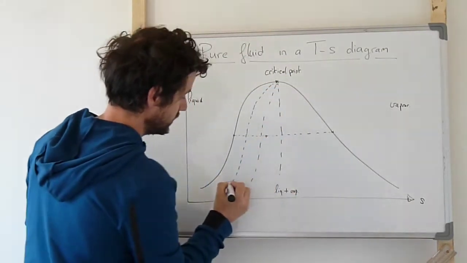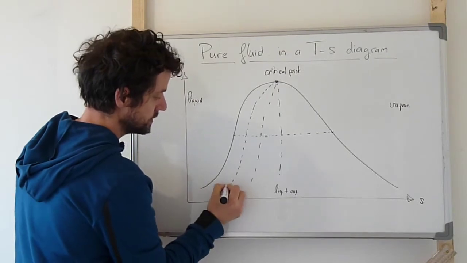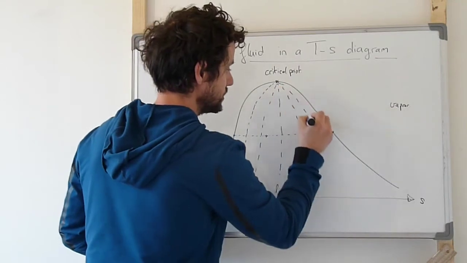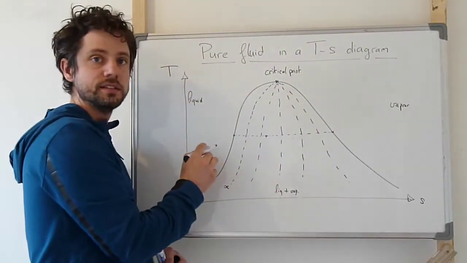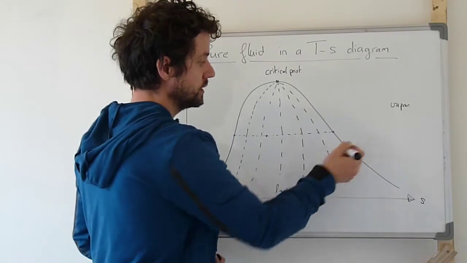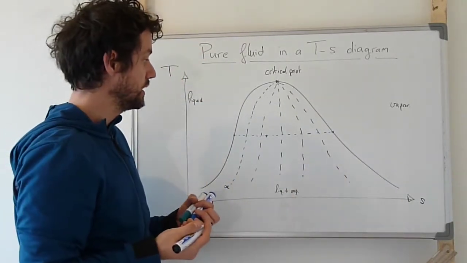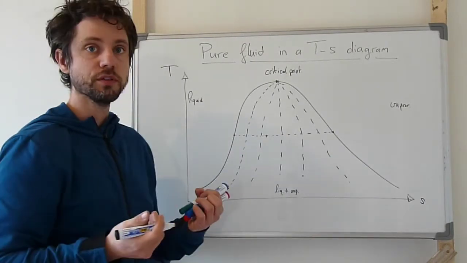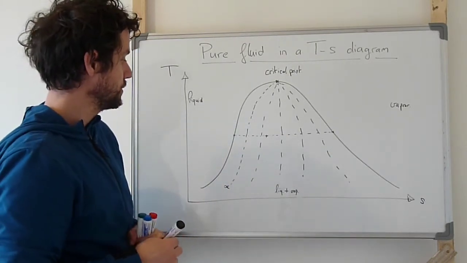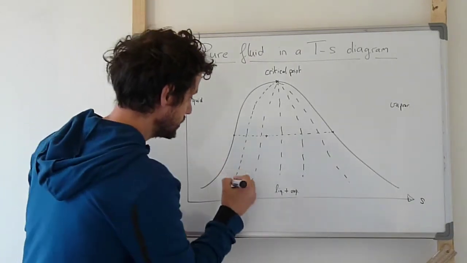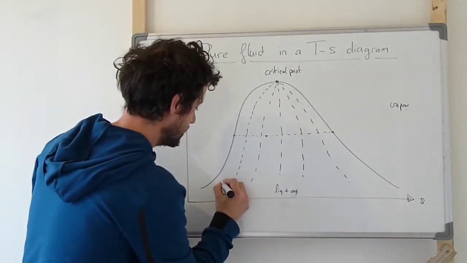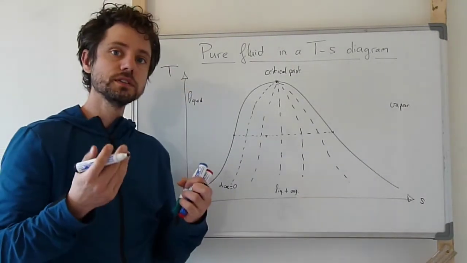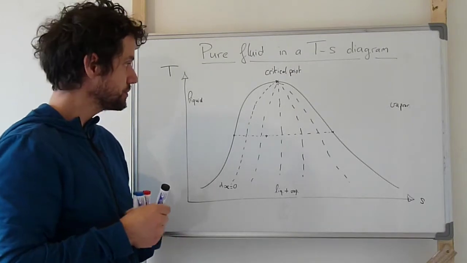It's usually written X, and this mass fraction corresponds to 0 on the liquid saturation line, to 1 on the vapor saturation line, and here we are somewhere in the middle, probably around 0.3 for the vapor quality. So each of these lines corresponds to an iso line of constant vapor quality.